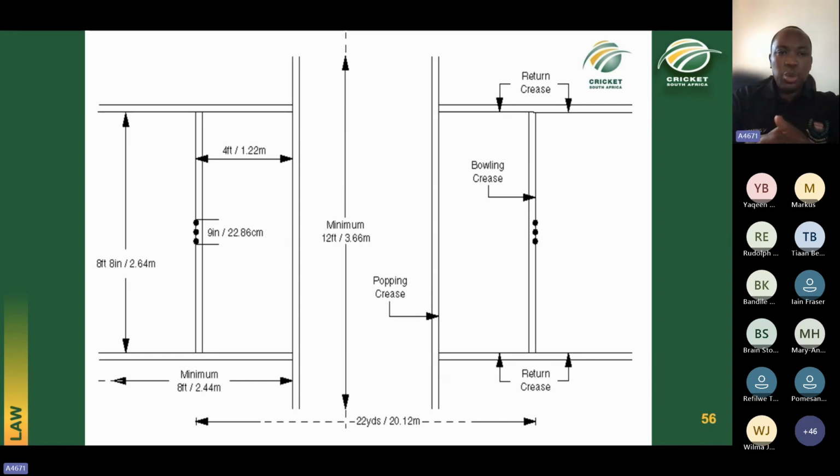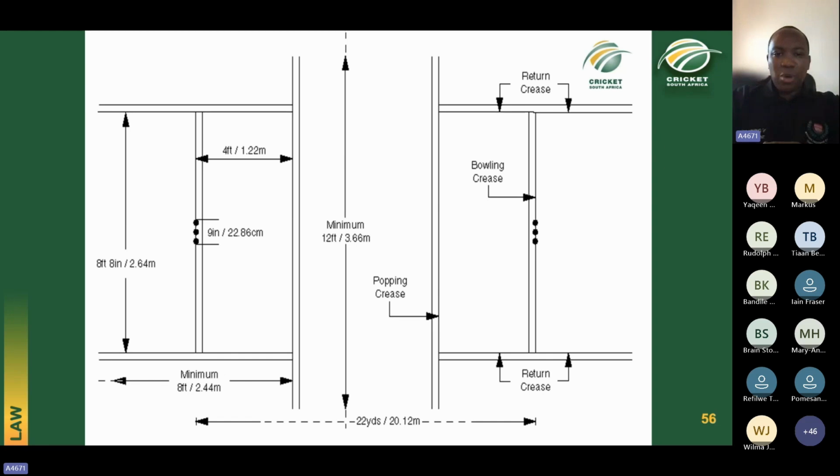You will live with, say, 2 centimeters variance, either too long or too short. Anything more than that, you might consider remarking the crease, because it is a critical measurement. You might get too many no balls bowled during the day if the measurement is less than 1.20, for example.